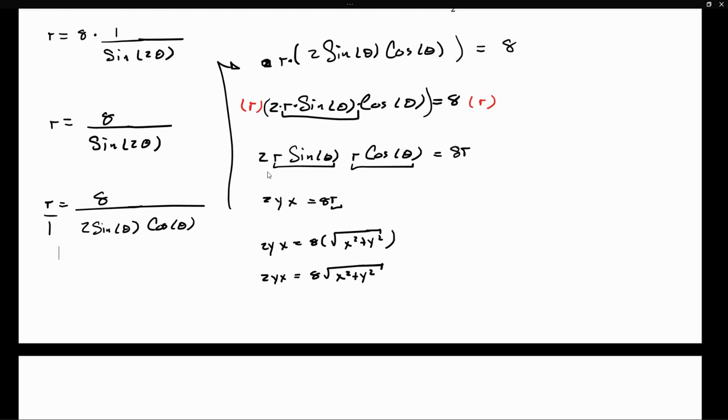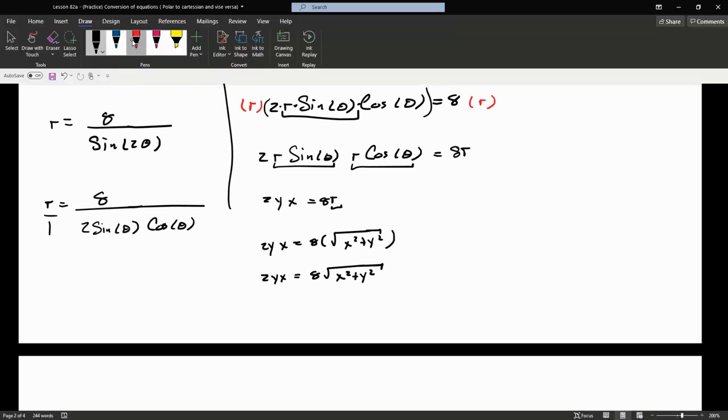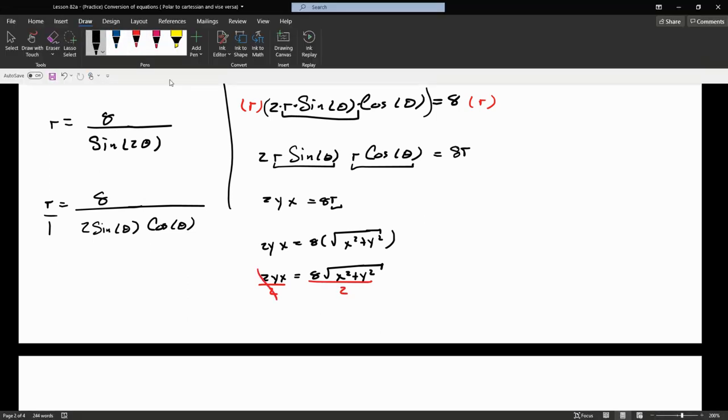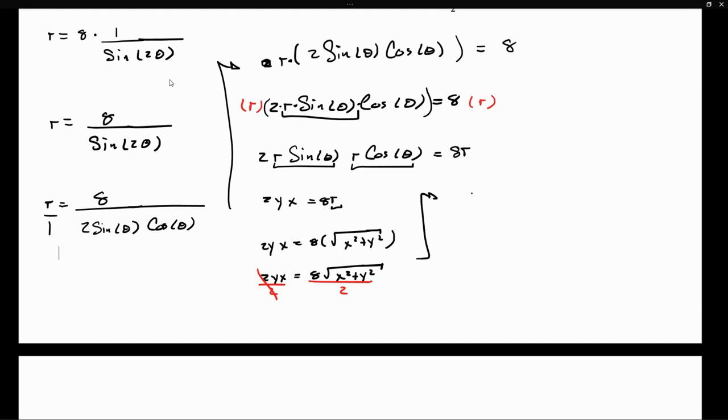All right. At this point, we want to see how I can rewrite this. Let's polish our result and make it a little bit nicer. Let's start by dividing both sides by 2, so that this 2 will cancel out and I'm just going to have a 4. Right now I'm just looking for ways to make my result nicer.